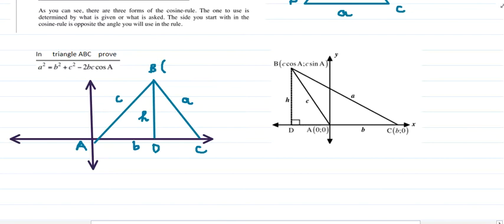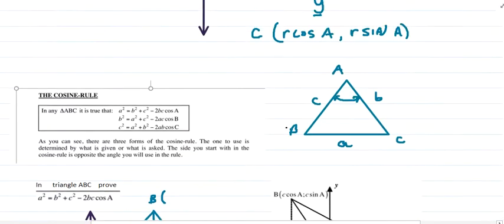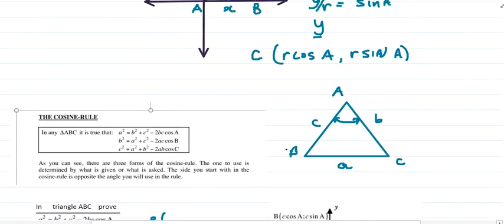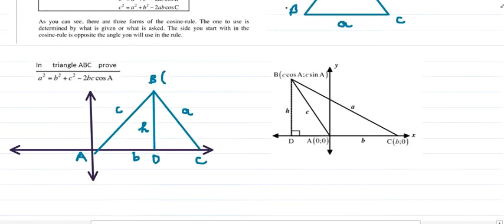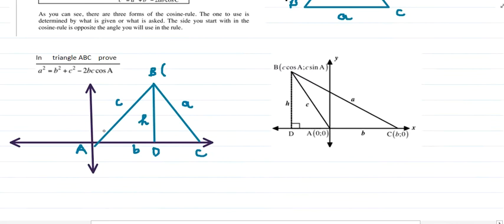As we did in our previous example, in our prerequisite, the x coordinate of B will be the radius times cos of A, and the y coordinate will be the radius times sine of angle A. So here the radius is given by c, so it is c cos A, c sine A. So we've got our coordinates for point B.